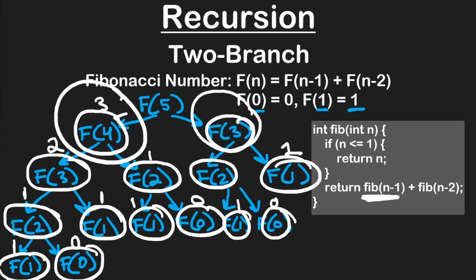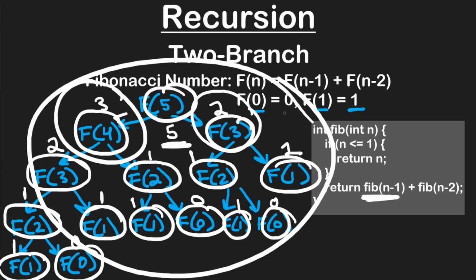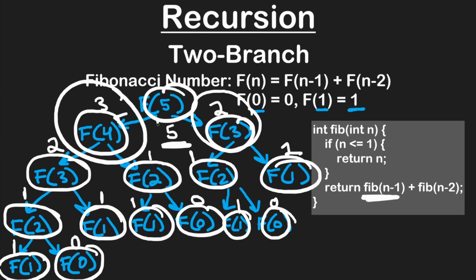Add those together. We get 1 as the second Fibonacci number. Add this and this together. We get 2 as the third Fibonacci number, and then add this and this, we get 5 to be the fifth Fibonacci number. It's gotten very messy here, but we did finally get our result.